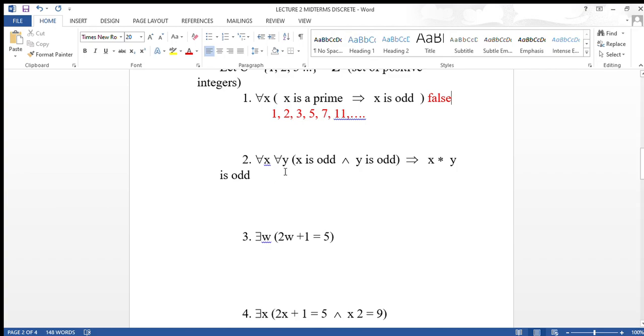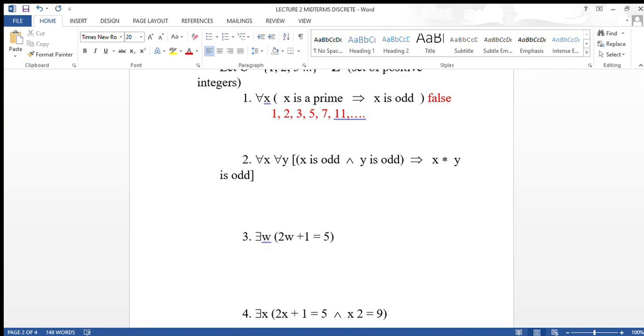But this is an if-then statement. So if you would like to modify this proposition, we can add a sign of grouping there. So we have if x is odd and y is odd, then x times y is also odd.